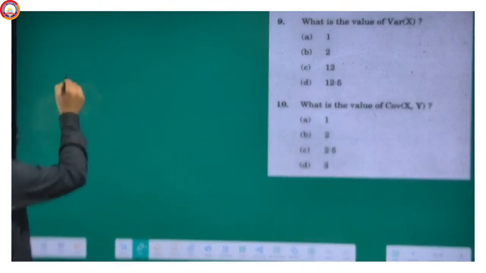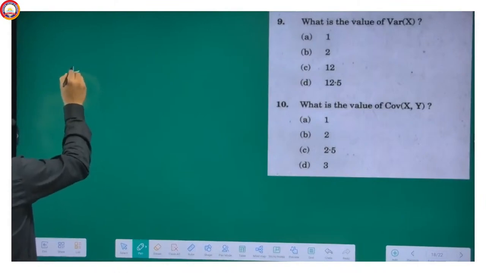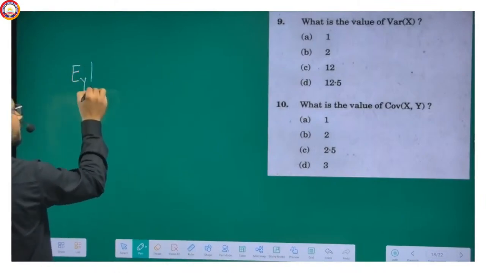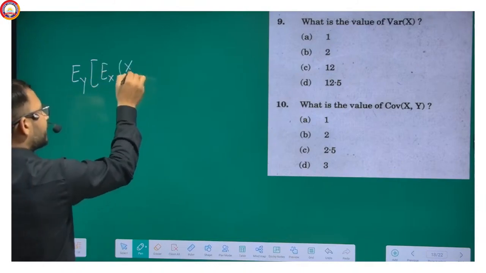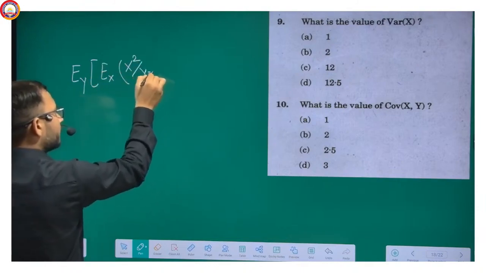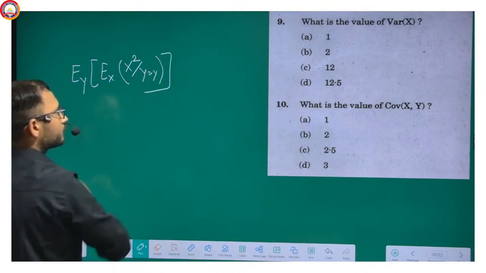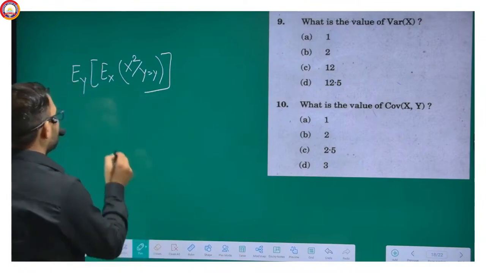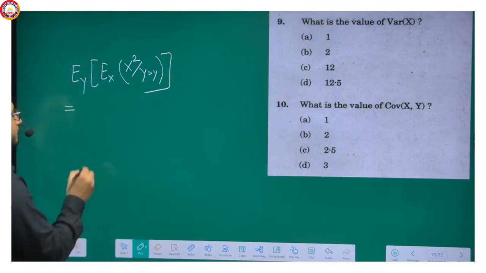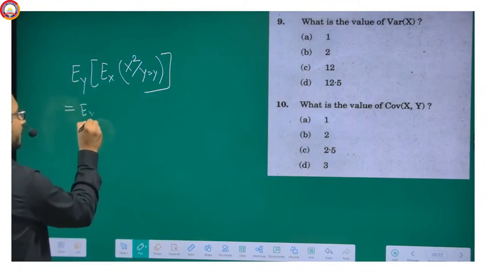So what I am doing here is expectation over y, expectation over x of x squared given y equal to y. Can I do it? Yes, I can do it. And what will be its value? This is expectation of y.